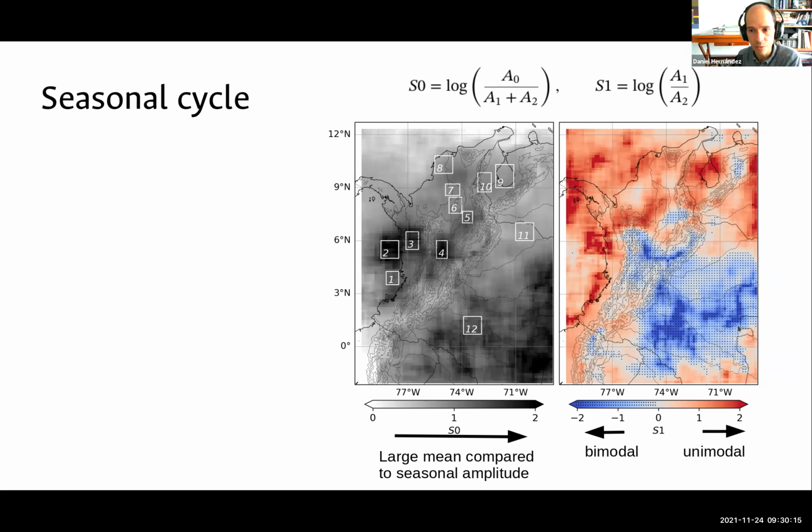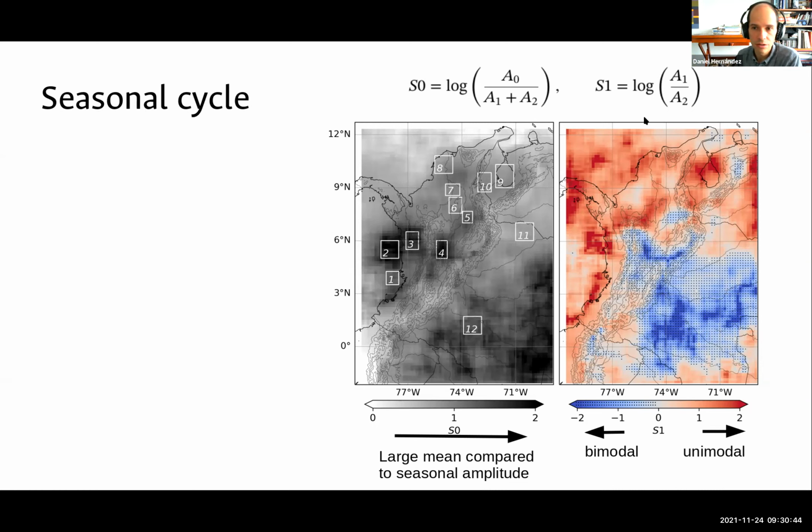And then to the right here, S1 compares the contribution of the annual periodicity, which would be a unimodal regime with just one peak, to the semi-annual periodicity with two peaks during the year. So whatever is blue here means that there is more of a semi-annual or bimodal seasonal cycle, and whatever is red is more like a unimodal cycle.